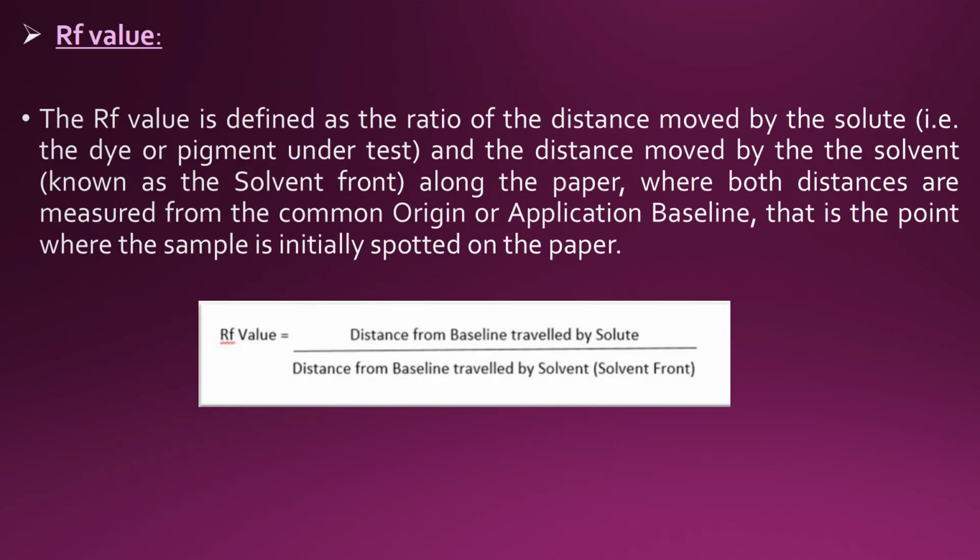The Rf value is defined as the ratio of the distance moved by the solute, that is the dye or pigment under test, and the distance moved by the solvent, known as the solvent front, along the paper, where both distances are measured from the common origin or application baseline, that is the point where the sample is initially spotted on the paper.